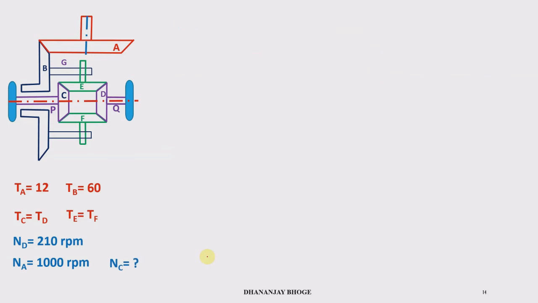Now next, we will analyze the epicyclic gear train. A was not the part of epicyclic gear trains, म्हणून आपण त्याचं separate analysis केलेलं आहे. Now we start the analysis of epicyclic gear train consisting of gears B, C, D, E and F. The first step is to draw the table.